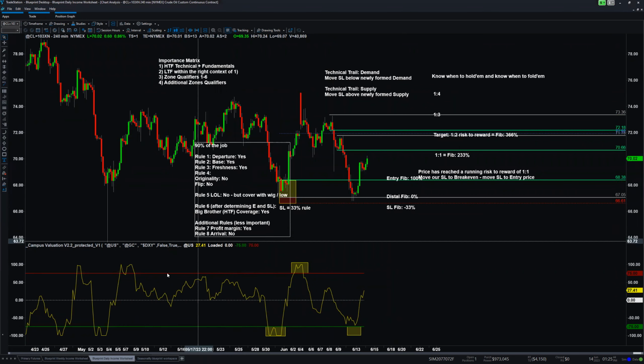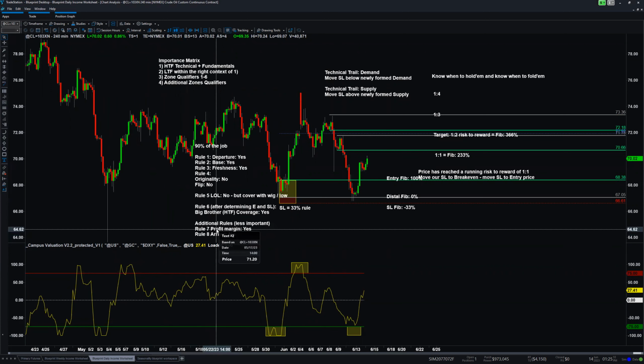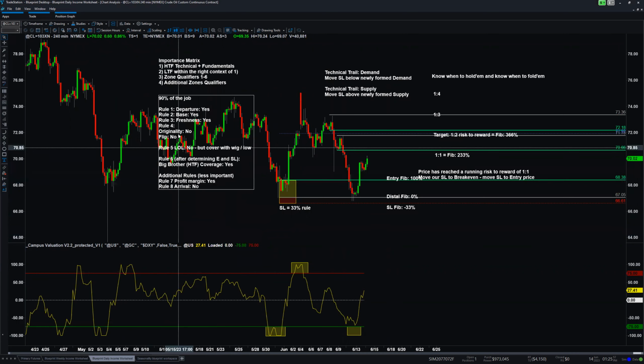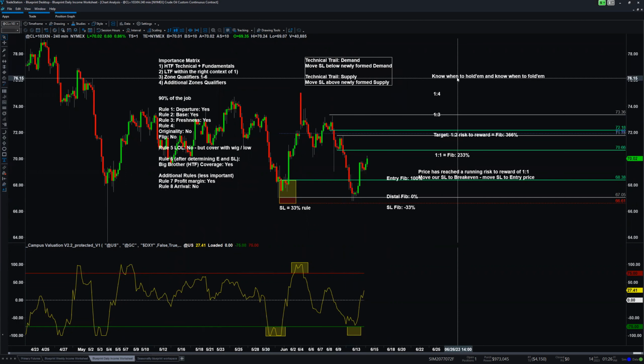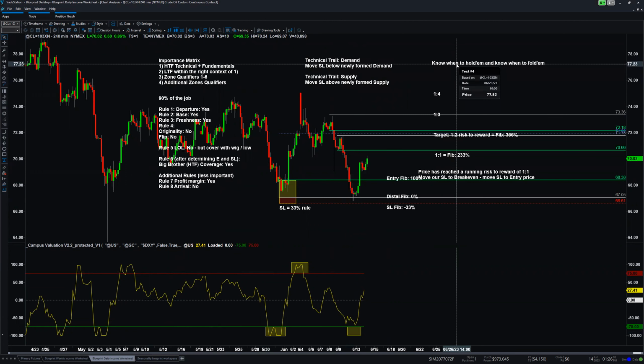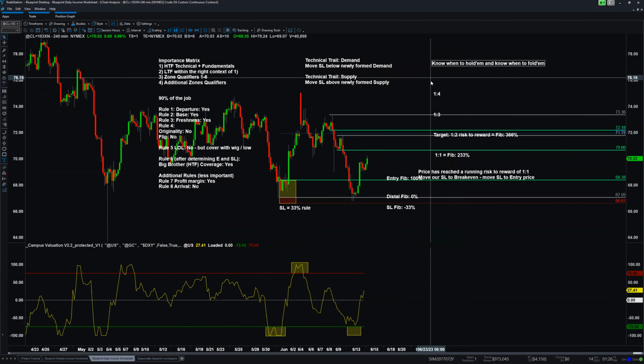So with that, I guess we can end the chapter of zone qualifiers and know when to hold them. You've got your complete checklist. You've got your importance matrix. You've got a trade management cheat sheet.